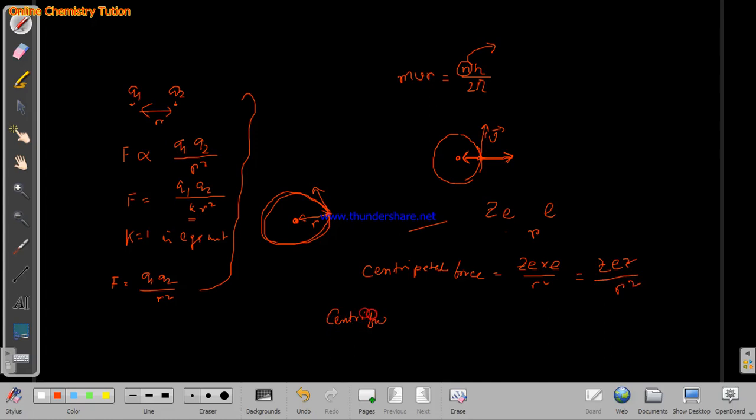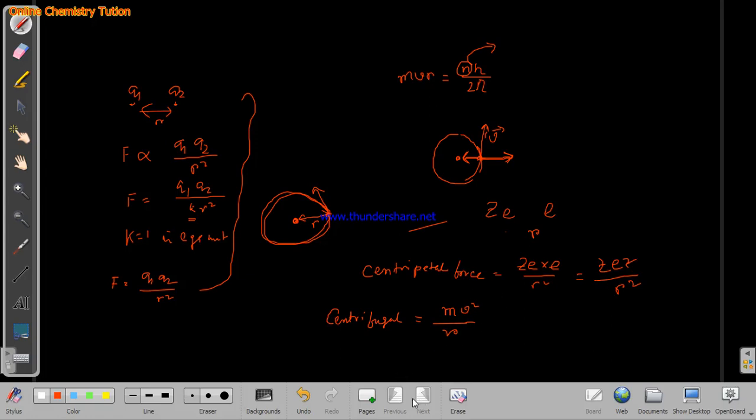The centrifugal force will simply be mv square by r. Now when these two forces are equal, the particle moves in the circular orbit or circular path. So Ze square by r square equals mv square by r.